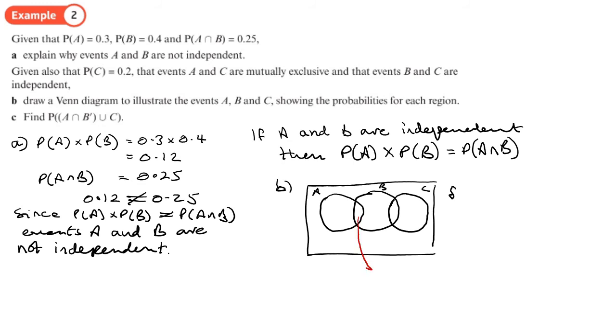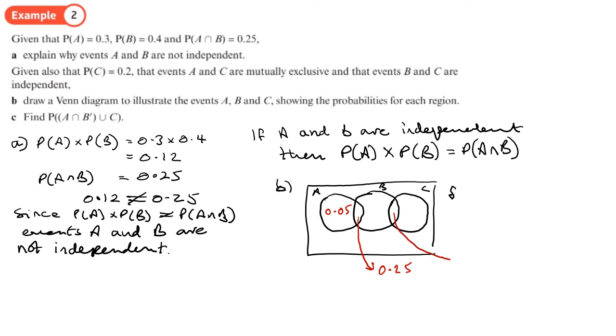So that overlap is 0.25. Now if the probability of A is 0.3, and I've already used up 0.25, this is 0.05. And before I fill in B, I need to work out this overlap.